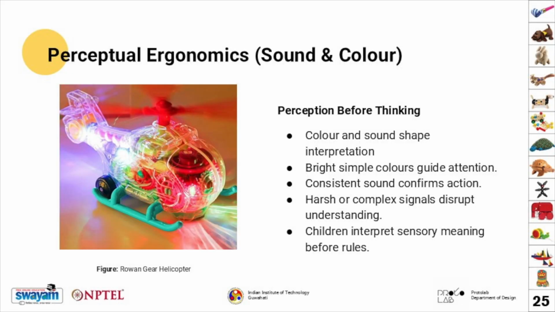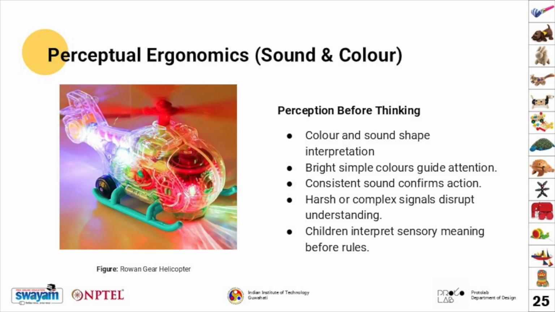Young children are particularly sensitive to overstimulation. Too many flashing lights, too many simultaneous sounds, and too many competing cues. This is not engagement. It is perceptual overload. Good visual ergonomics guides attention intentionally.